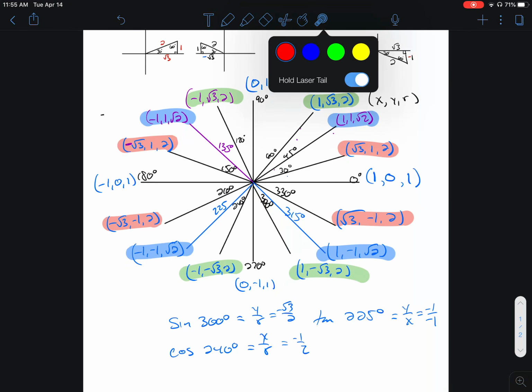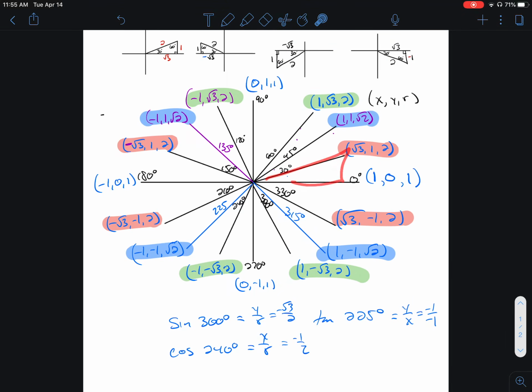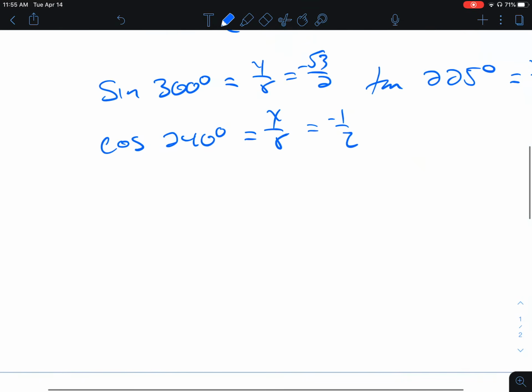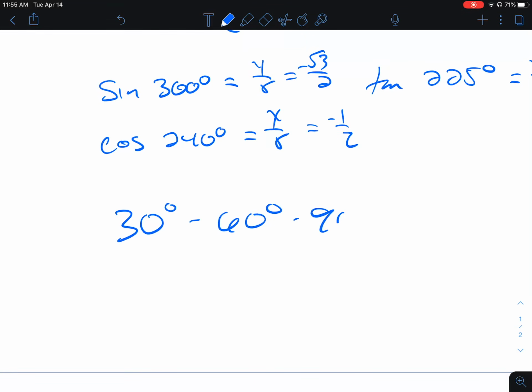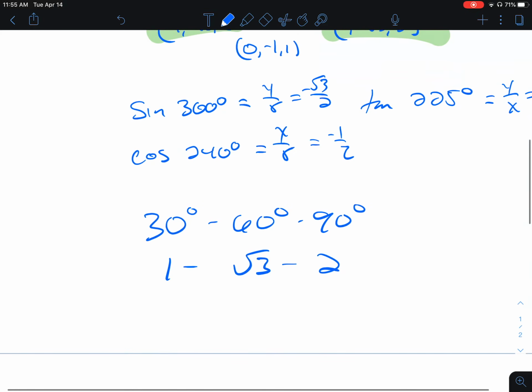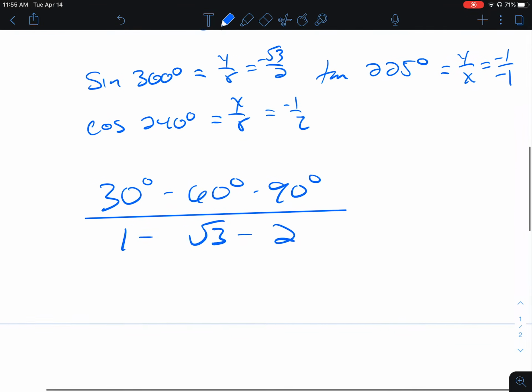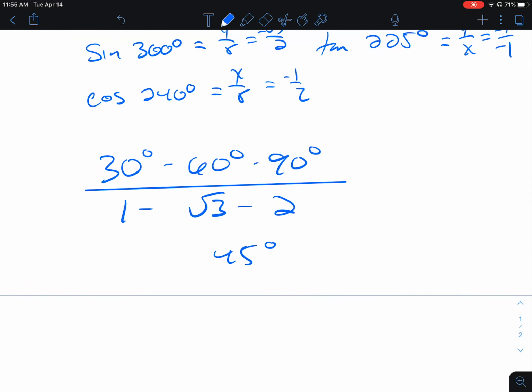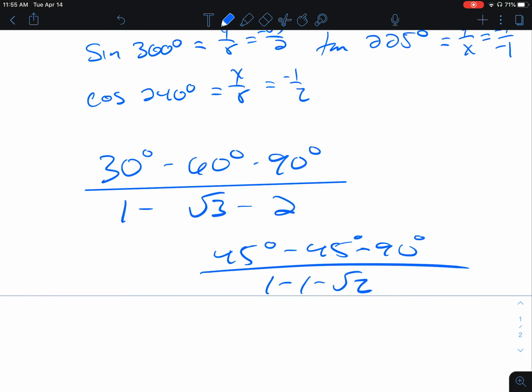But in each case, these are special right triangles. And just to make sure it's clear, every 30, 60, 90 has the ratio of 1, square root of 3, to 2. Every time. Every 45, 45, 90 has a ratio of 1 to 1 to square root of 2.